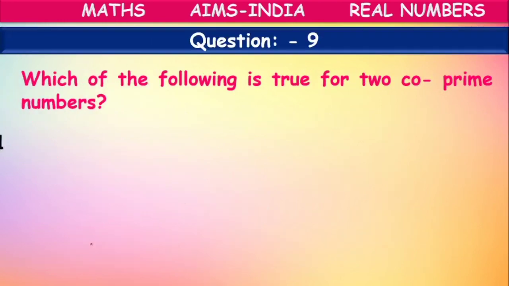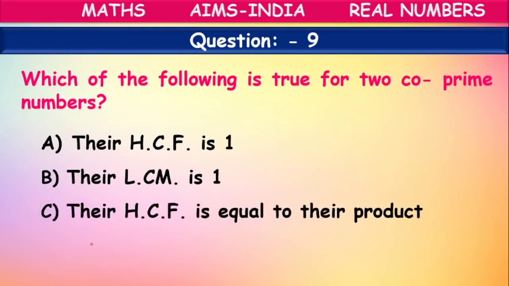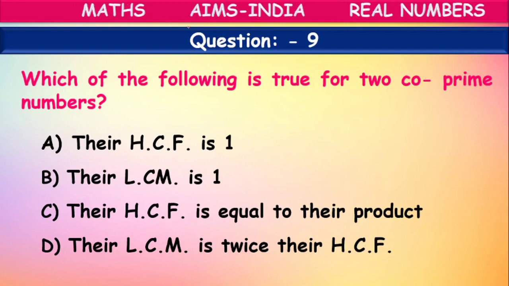So next, question number 9. Which of the following is true for two co-prime numbers? When they are said to be co-prime, they have only one common factor, which is 1.